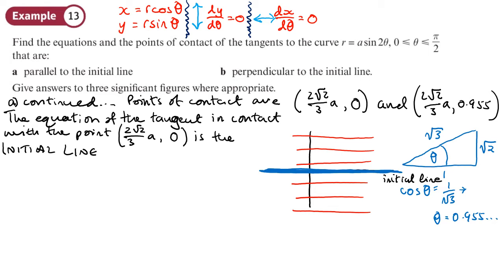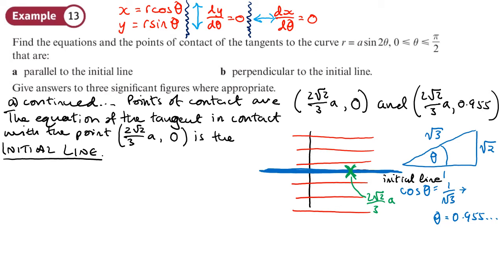So actually there's no working to do on that because of the actual angle that we have. If that angle is 0, it basically means that the point of contact is somewhere along here, and that distance there is 2 root 2 over 3a.